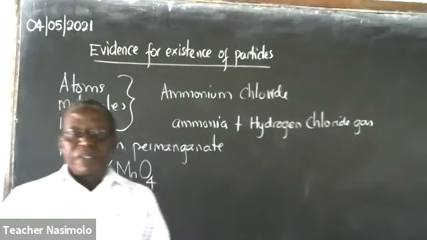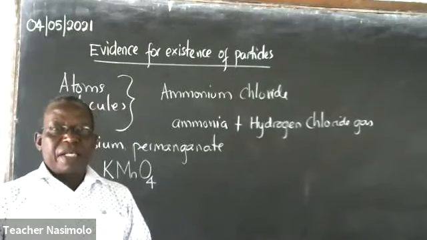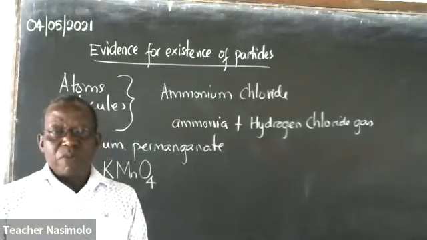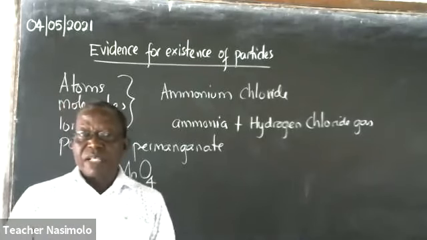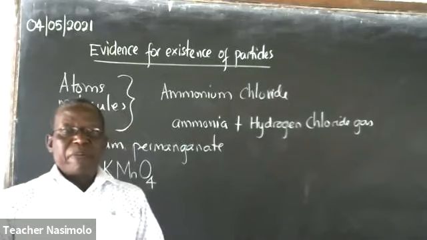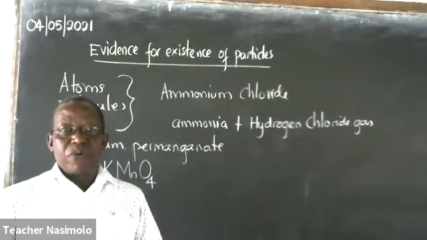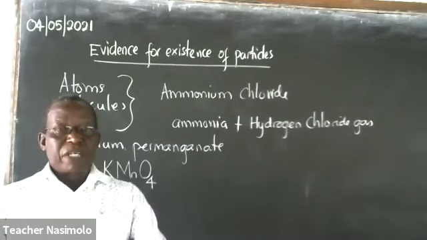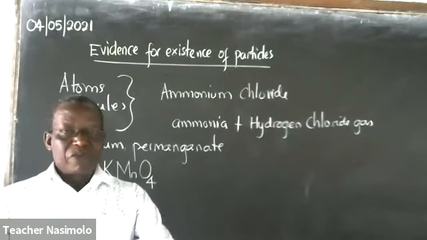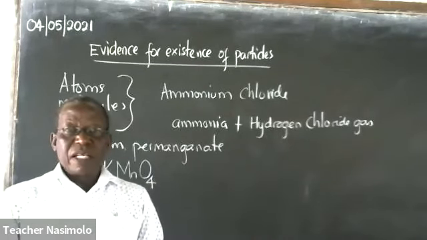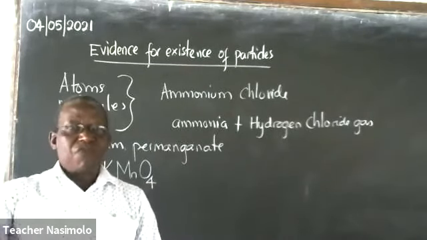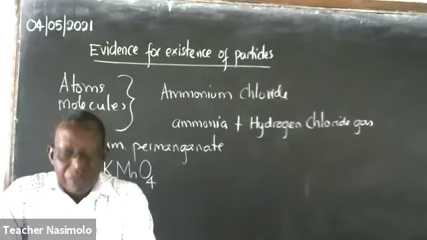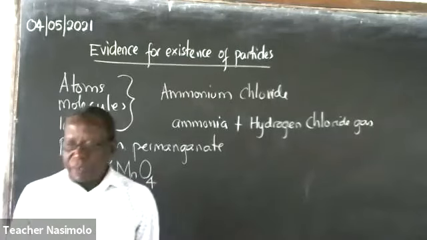The only difference is that in solids, the movement is restricted to vibrations within fixed positions, whereas in liquids, the particles are able to move from one point to another. That is why you saw that the potassium permanganate particles were diffusing, moving freely in that solution, and eventually we shall have the whole liquid covered with the purple color. Right.